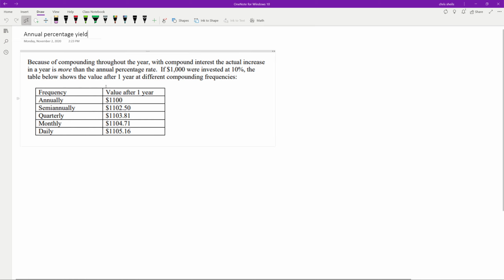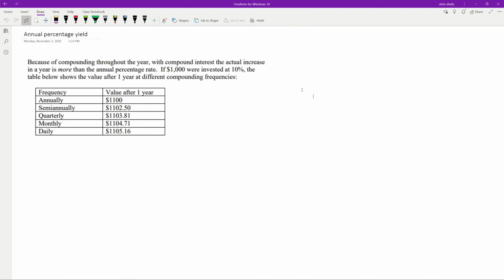We just have a few more concepts here. Because of compounding throughout the year, with compound interest, the actual increase in a year is more than the annual percentage rate. If $1,000 were invested at 10%, the following table shows the value after 1 year at different compounding frequencies.